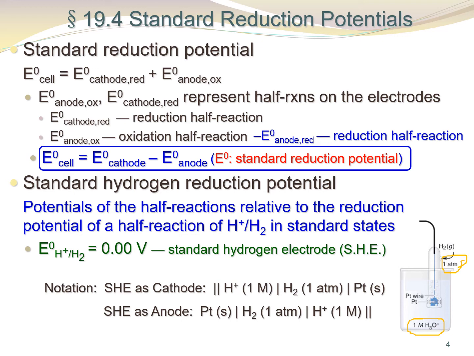Such an electrode is what we call the standard hydrogen electrode, short for SHE. Here I show you how we write the standard hydrogen electrode as either the cathode or the anode.